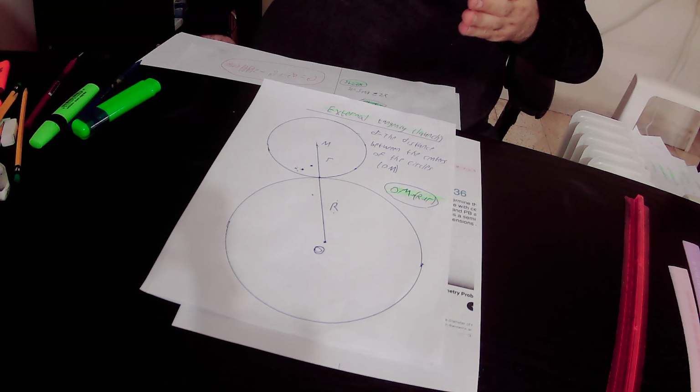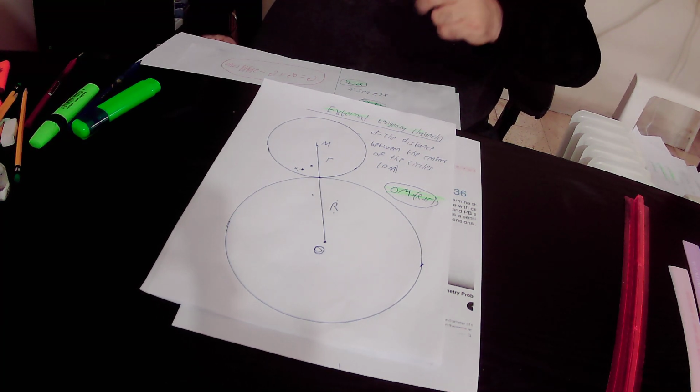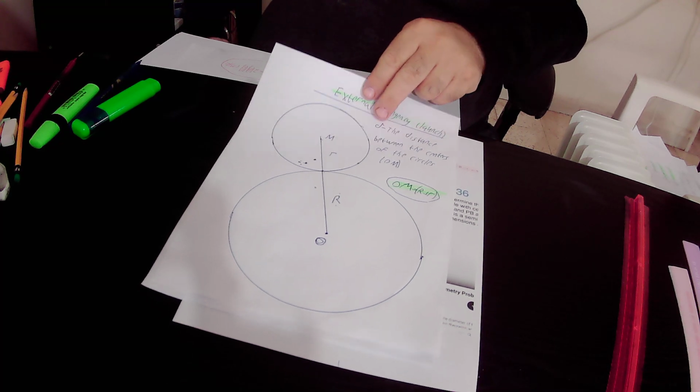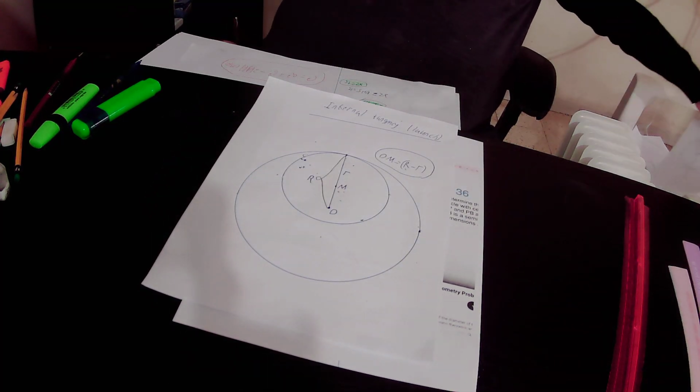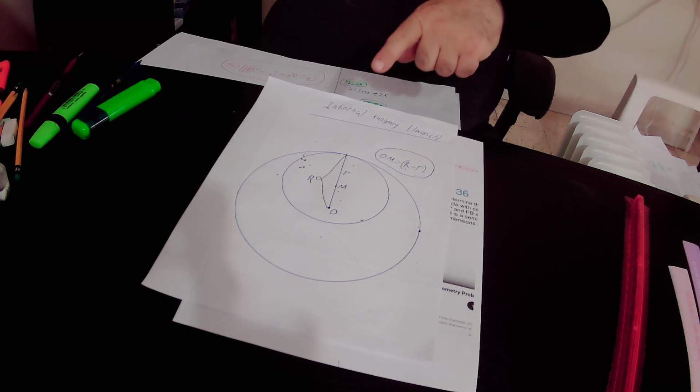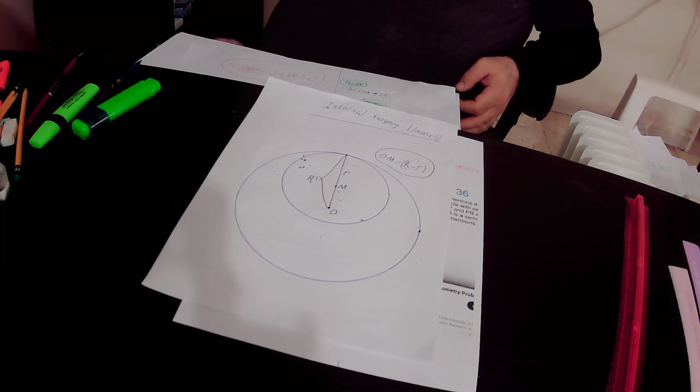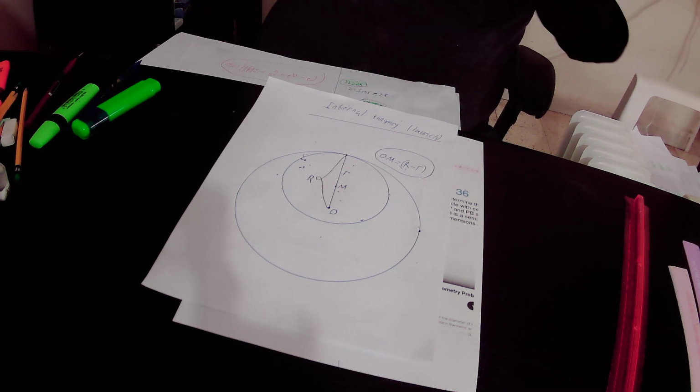So the external tangency is the first type of tangency, and the second type of tangency between 2 circles is the internal tangency. The internal tangency is when the 2 circles are touching each other internally, like in this drawing.